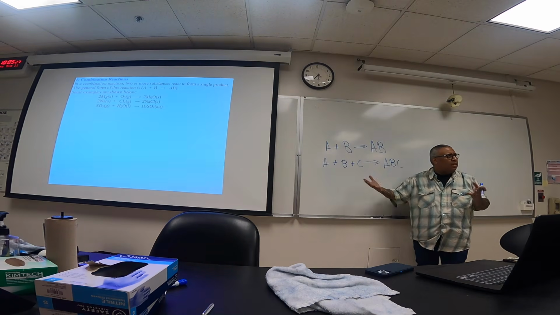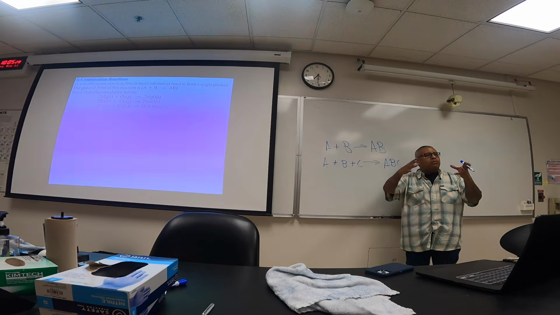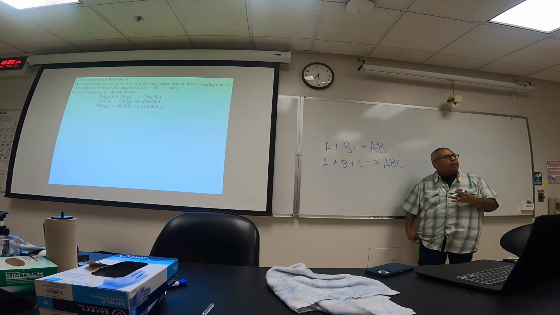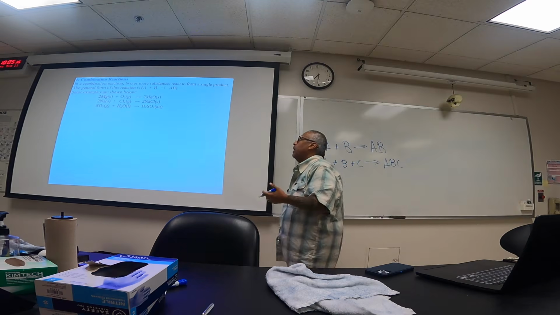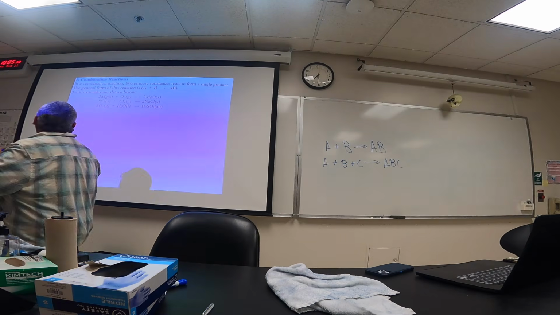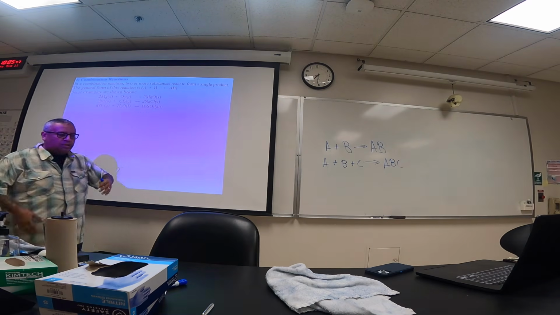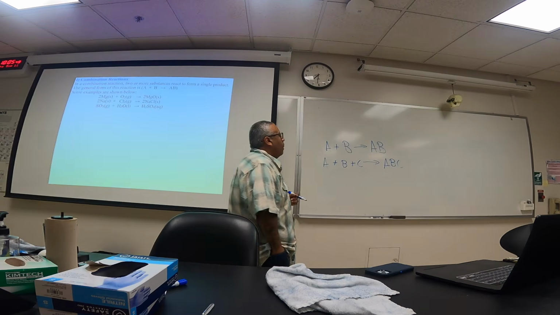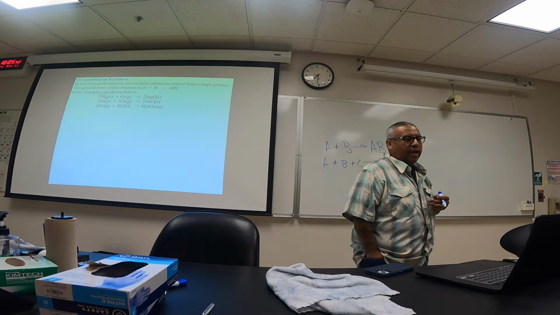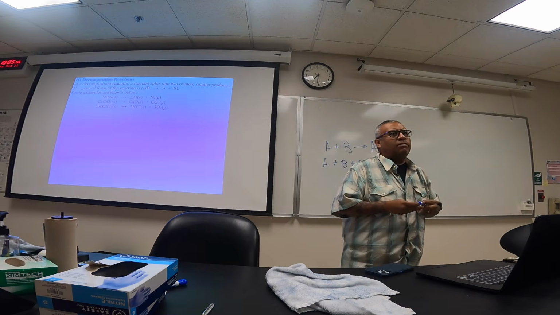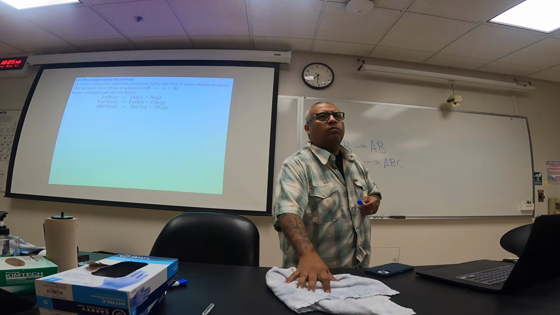This would also represent a combination reaction, where we have multiple reactants and we combine them all together to get one product. So 2 moles magnesium plus some oxygen, we're going to get magnesium oxide, that's one product. Here we have 2 reactants, we're going to put them together, and we're going to get some sulfuric acid. So again, combination reaction.